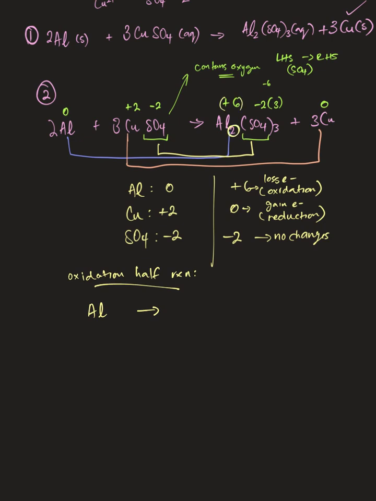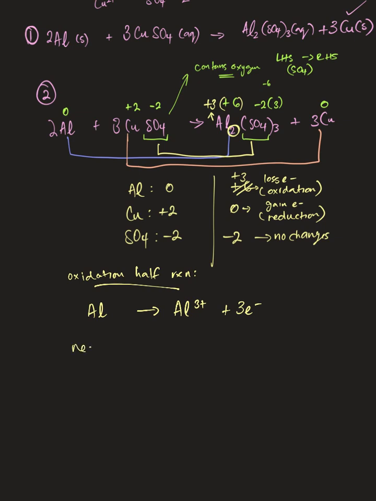So technically each aluminium is plus 3. I should have told you that before. So it went from 0 technically to plus 3. Same thing happens, the lost electrons. So it became Al3 plus. And how did it stay neutral? It must spit out 3 electrons.